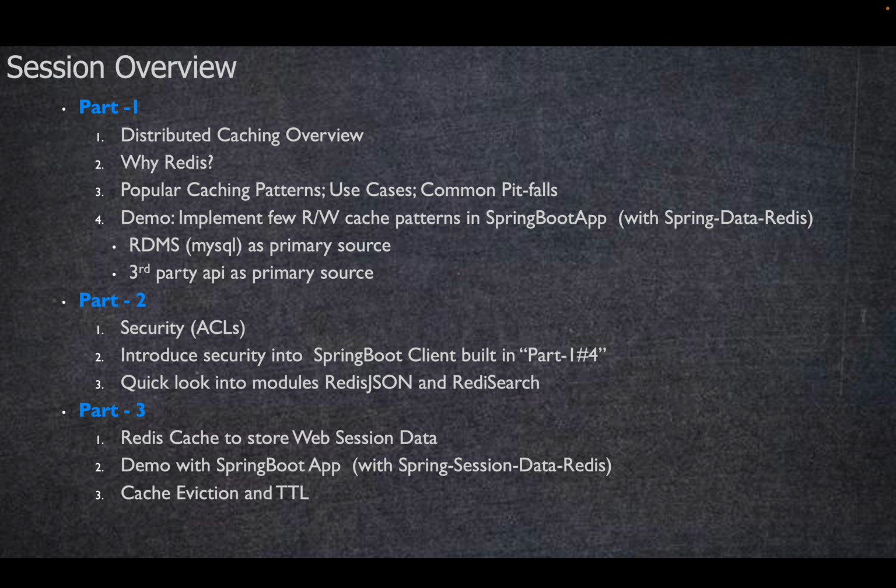And we will see what happens when a user has access to these APIs, and when another user does not have access to these APIs. Then we will also look into 2 Redis modules, RedisJSON and RediSearch, and see how these 2 modules make a powerful combination in searching the data that we previously cached in JSON format.